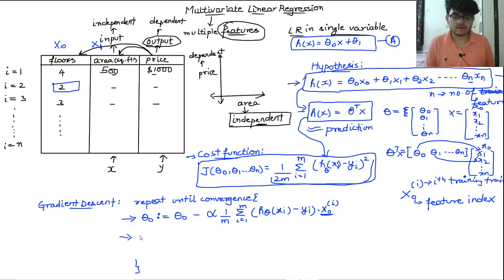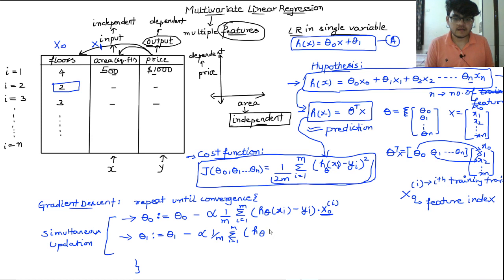Similarly, we also have the same formula for theta 1, because in gradient descent we do simultaneous updation of all the theta parameters, and the formula will be the same. We're just going to write h theta.